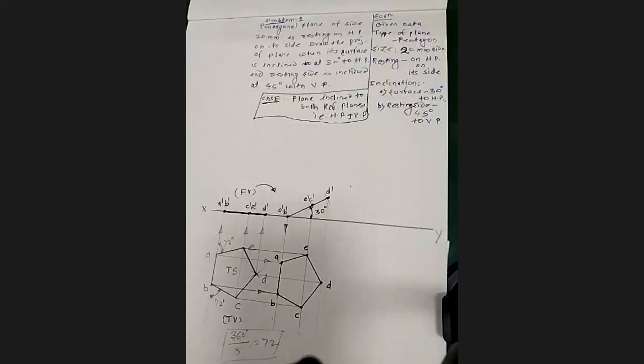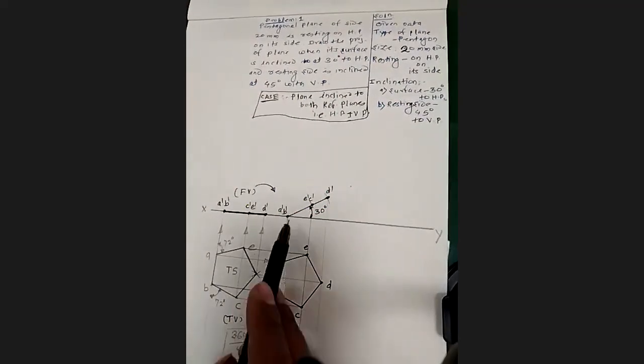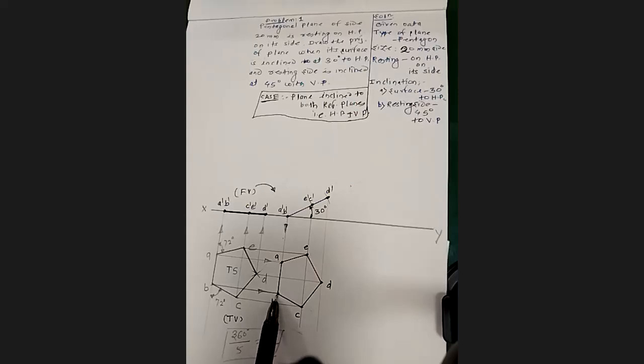Now, in the third stage, you have to make this resting side. It is resting on HP on side AB. So this resting side, which is seen in top view, is going to be inclined with VP.